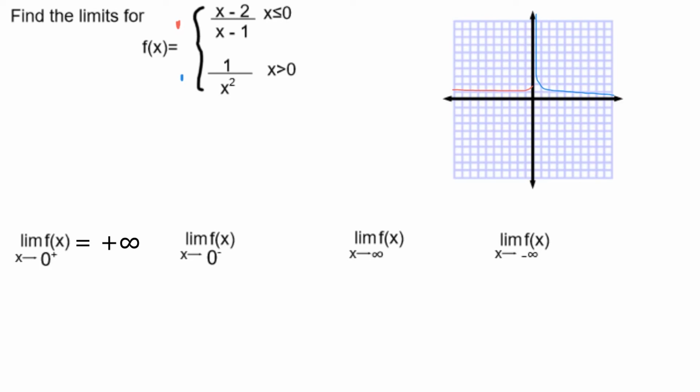The limit as x approaches 0 from the left, well, that is actually going to be 2. If you plug and chug, as x approaches 0 from the left, and I plug in 0 for these x's, here and here, you're going to have basically negative 2 over negative 1, or just 2. So that's why that worked.